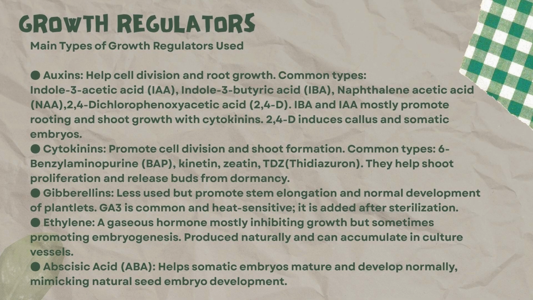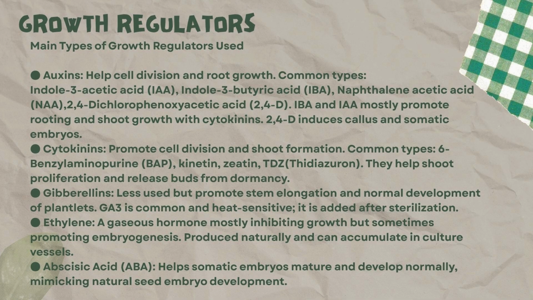One thing to note, GA3 is heat sensitive, so it's added to the medium after sterilization. Ethylene is a special case. It's a gaseous hormone that mostly inhibits plant growth in culture but can promote embryogenesis in some cases. Since plants naturally produce ethylene, it can build up inside the culture vessel.